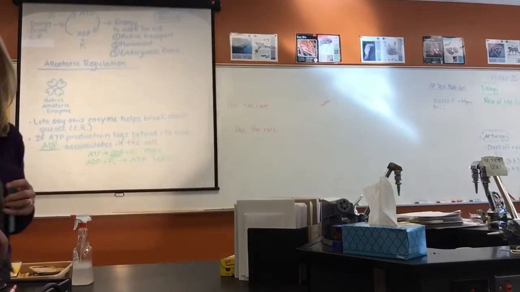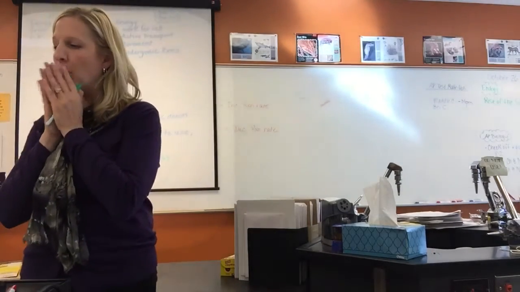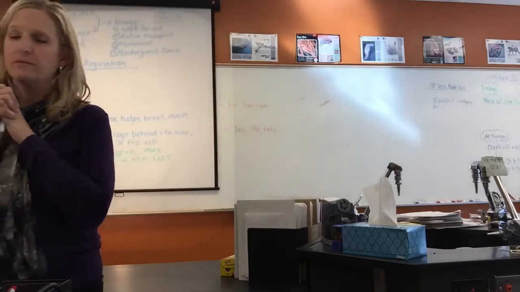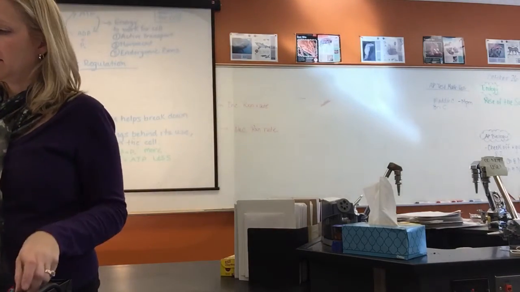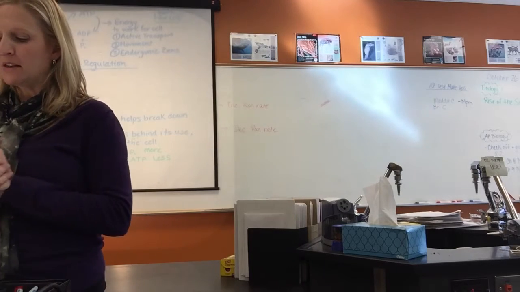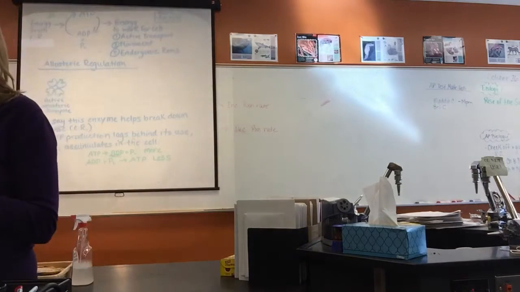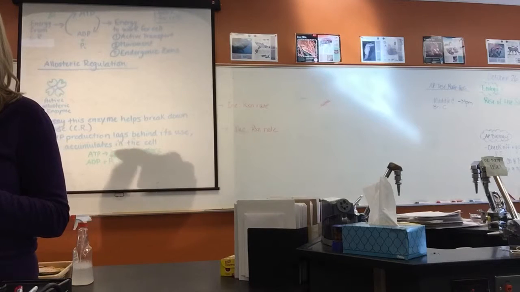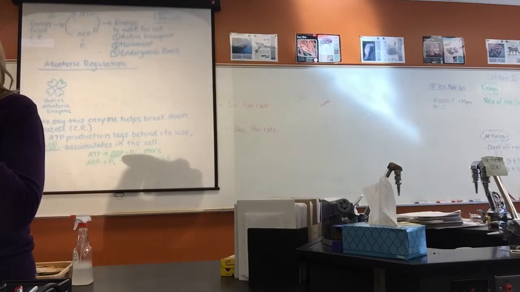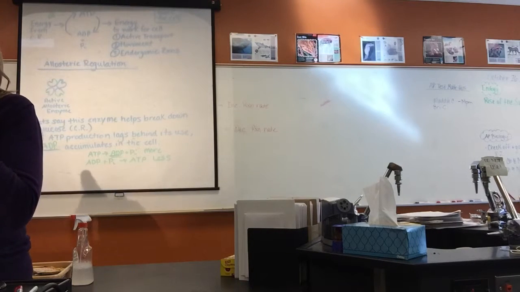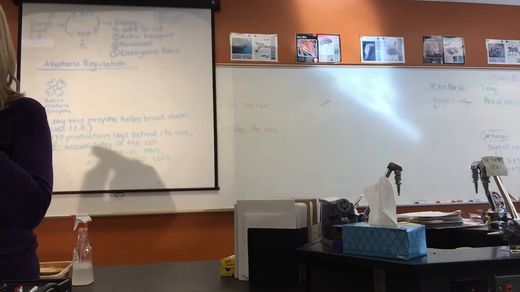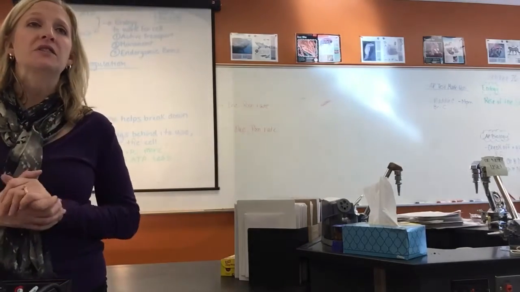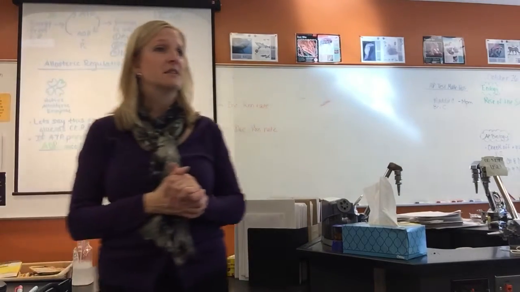Now, my question to you is, what do we need to do in the cell now? So ADP starts to accumulate. So we're using up ATP. We're not making it as fast. Will we eventually run out of ATP if that's the case? Probably. So what do we want to do to cellular respiration, the rate?